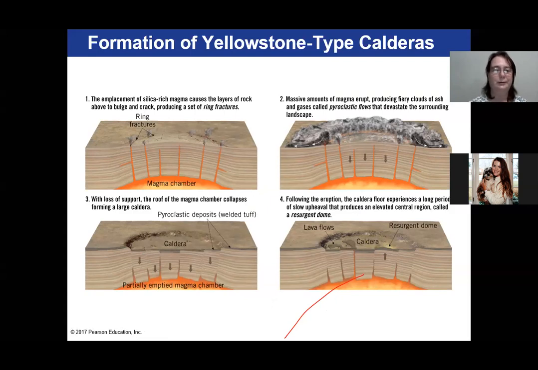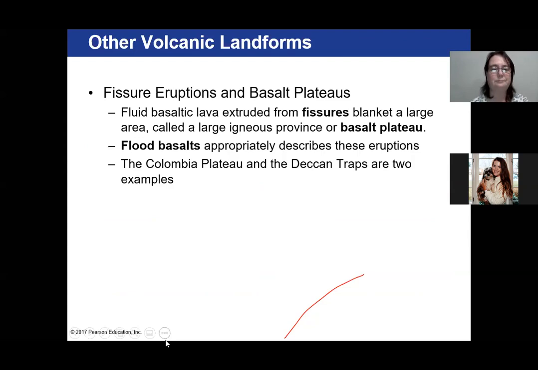Yeah, so Yellowstone caldera, a bunch of stuff erupted, but some of it still stayed in the magma chamber, and then this whole bit in the middle of the caldera just dropped down. And maybe there's a couple more lava flows in here, but the main eruption was that stuff there.